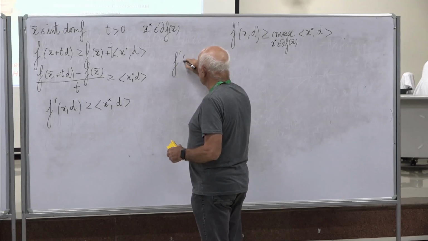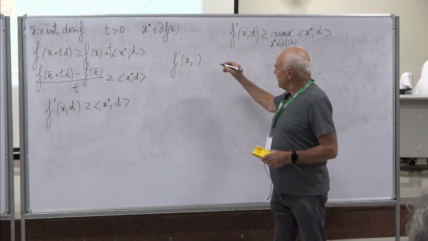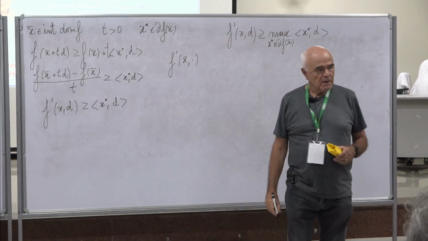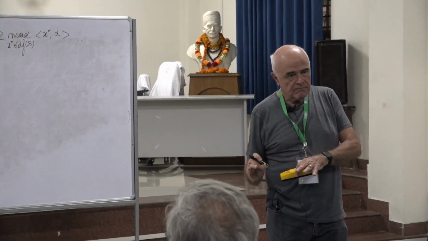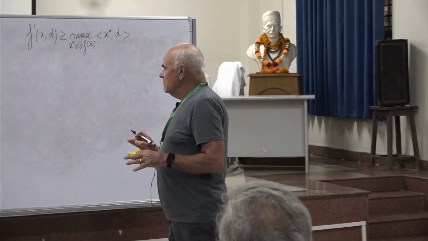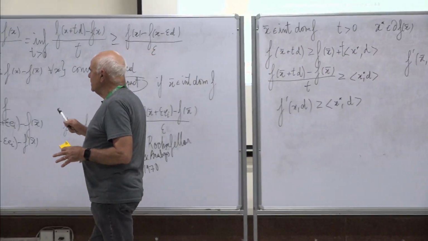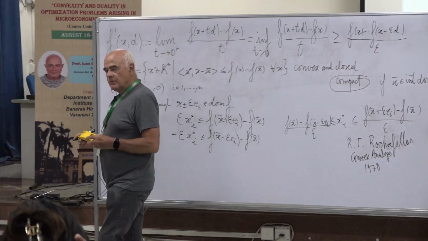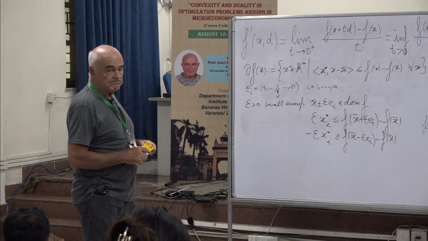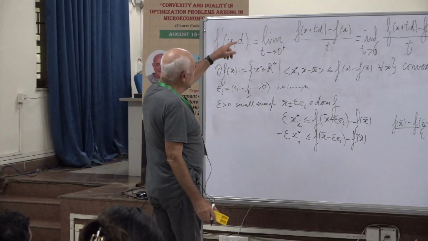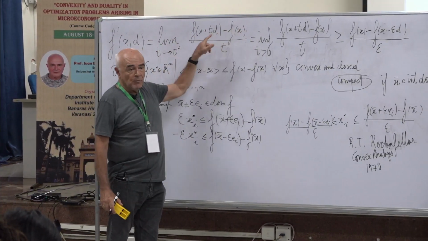Consider this function. I mean, we are fixing x bar, and I look at this function as a function of the direction. It's very easy to see, using the definition of the directional derivative, that this function is convex as a function of d. Well, just look at this expression. This is clearly convex as a function of d.